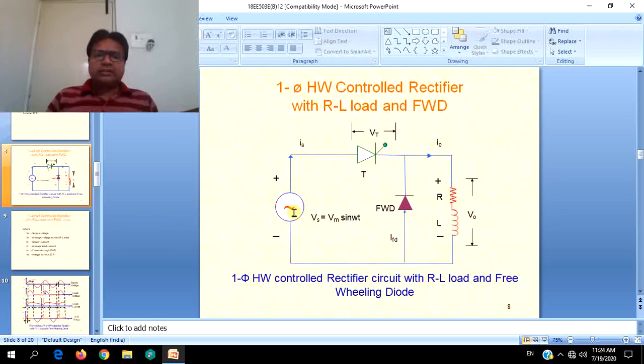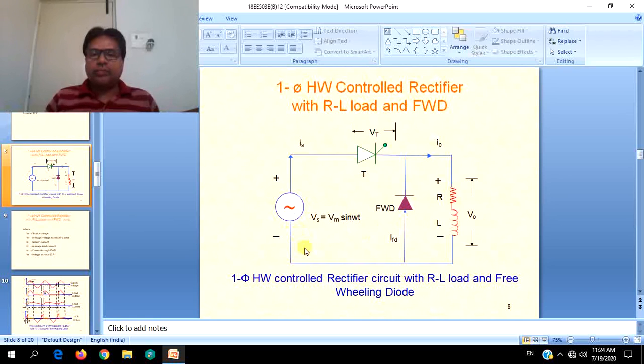At angle pi, the supply voltage gets reversed. Now the bottom terminal becomes phase and the upper terminal becomes neutral, so the voltage would be applied across the load in reverse. This is the previous case. But because of this diode, what happens?